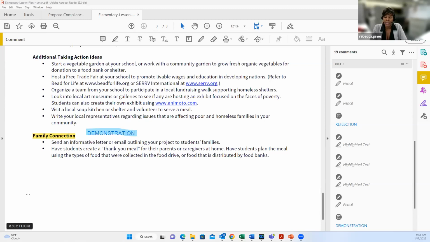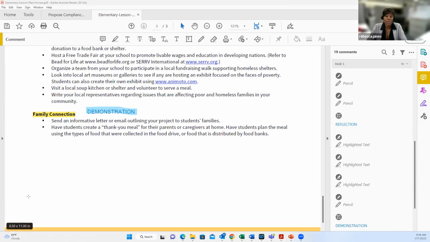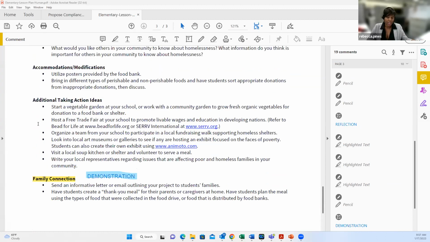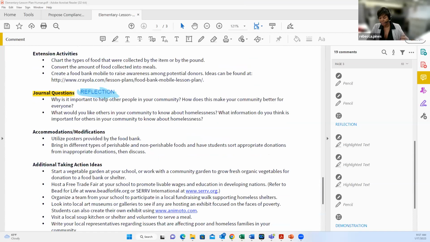So all of those are demonstrations, or it can be a celebration, however you want to do it. All service learning activities must include those 5 components, which are investigation, preparation, action, reflection, and demonstration and/or celebration.